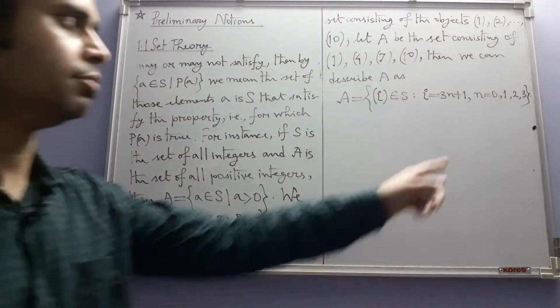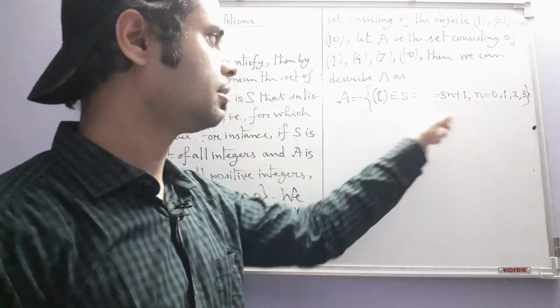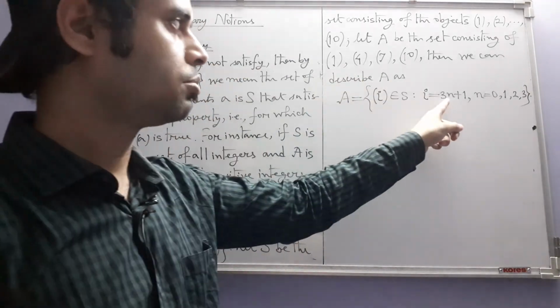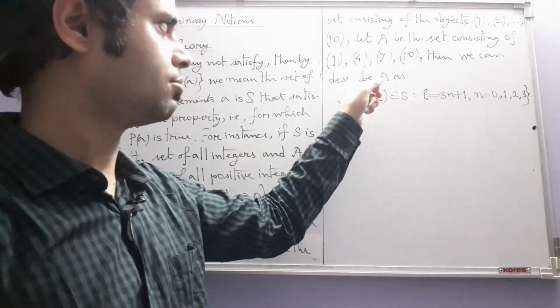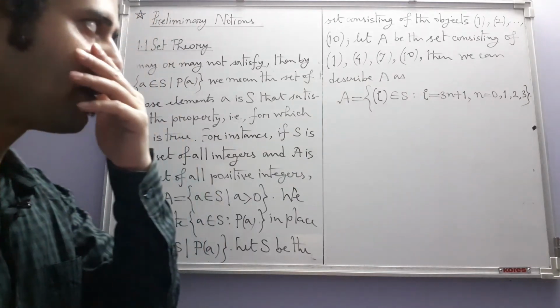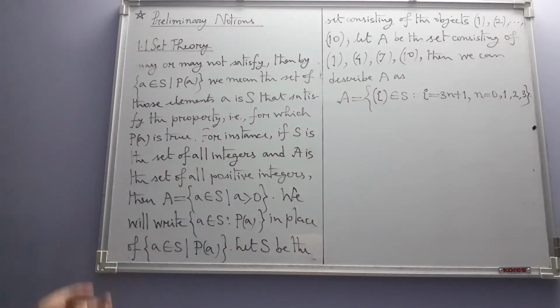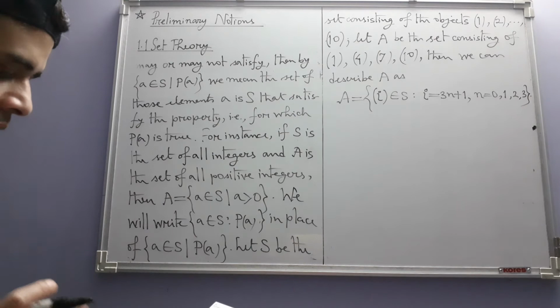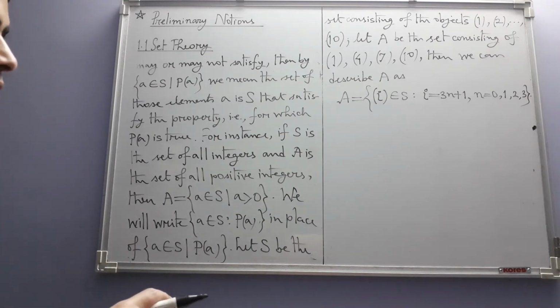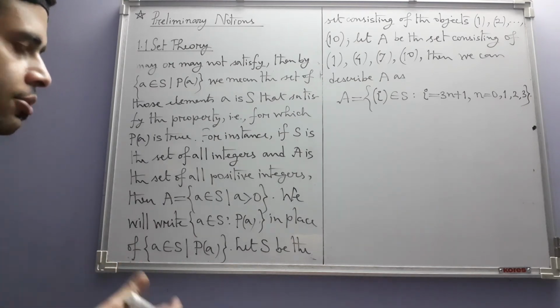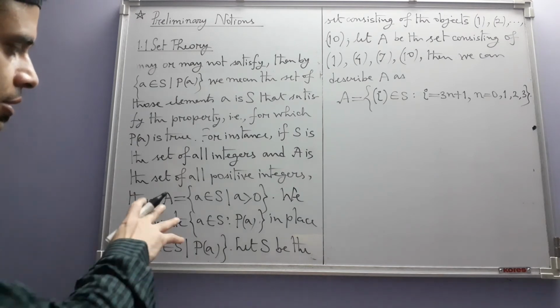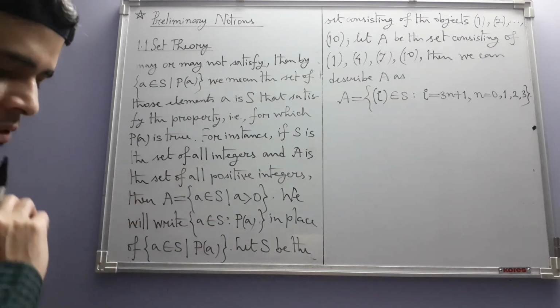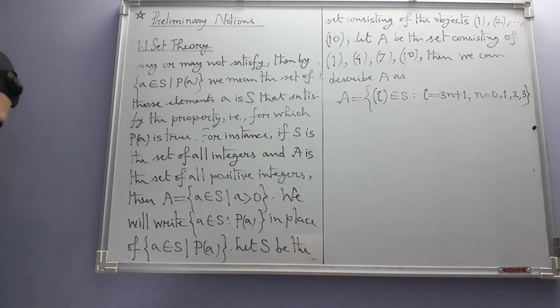You can see if you put n is equal to 0, you get i equal to 1. Putting n equal to 1, you get i equal to 4, then 7, then 10. Okay. Herstein doesn't say that this is the set builder method, or rule method, of denoting a set. He doesn't mention those things at all.